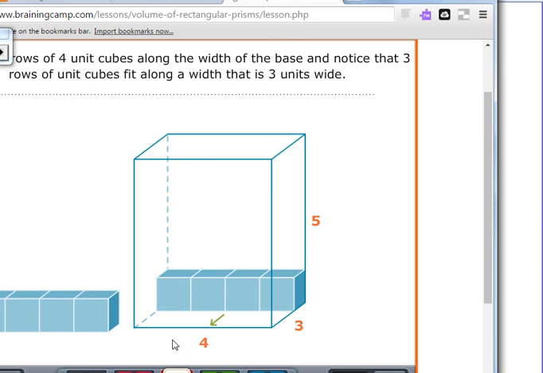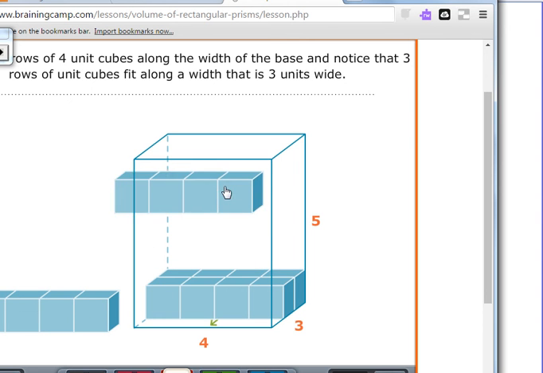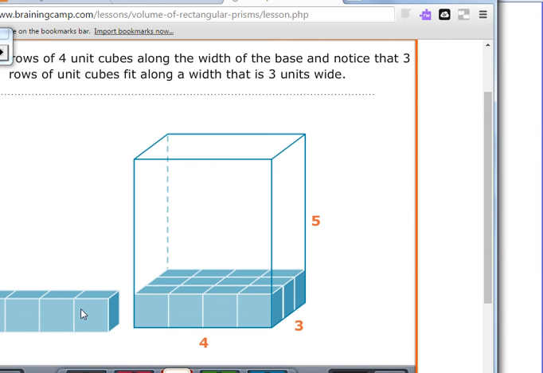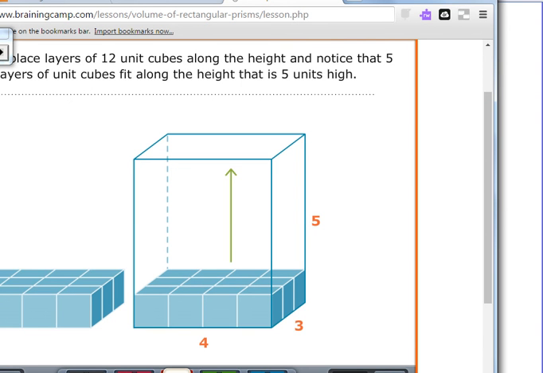Now place rows of 4 unit cubes along the width of the base, and notice that 3 rows of unit cubes fit along a width that is 3 units wide. Finally, place layers of 12 unit cubes along the height, and notice that 5 layers of unit cubes fit along the height that is 5 units high.